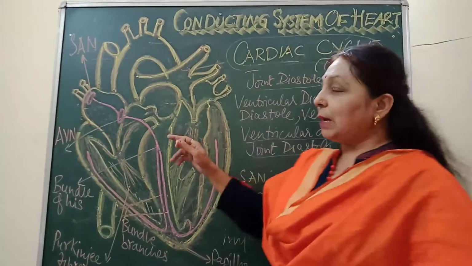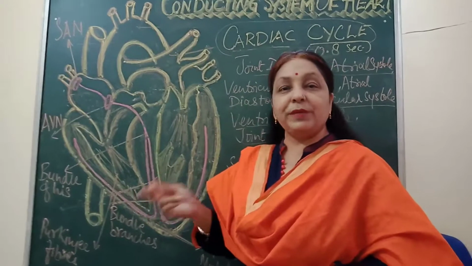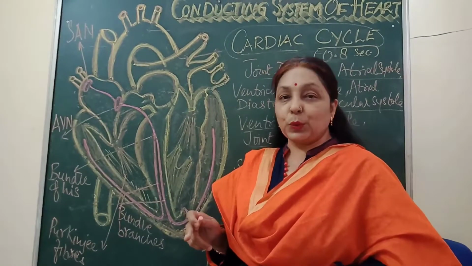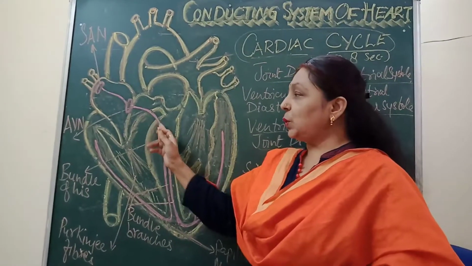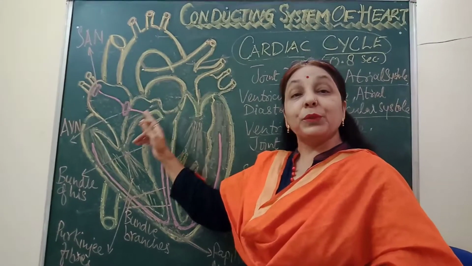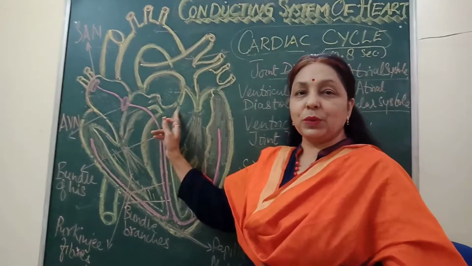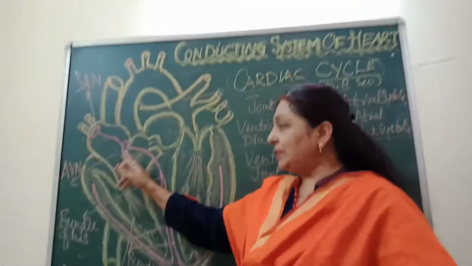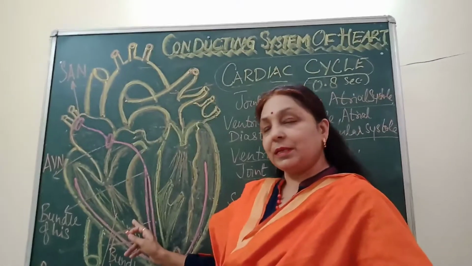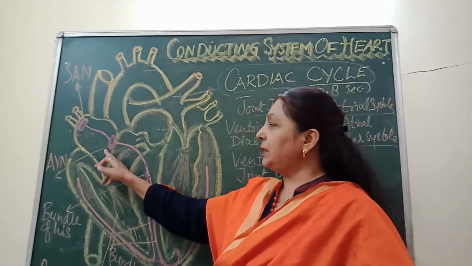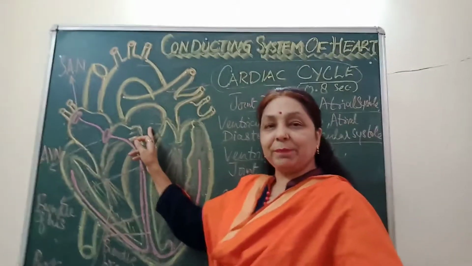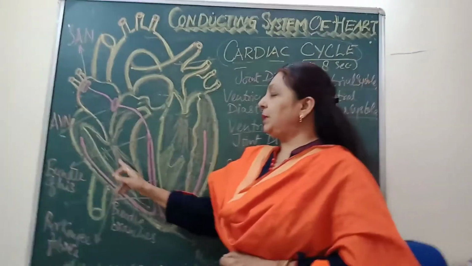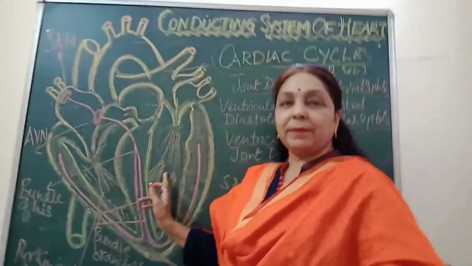Now what happens during systolic pressure and what happens during diastolic pressure? During systolic pressure the muscles contract and the blood is expelled from one chamber of the heart to another chamber. That is, if the auricles are showing systolic pressure, then the blood will be pumped to the ventricles.